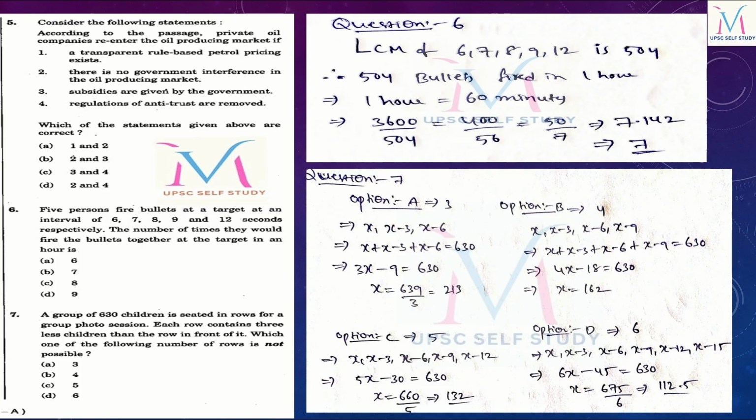Therefore 504 bullets will be fired in an hour. These 5 people will be firing 504 bullets at their respective intervals of 6 to 12 seconds in an hour. So coming to 1 hour, we know it is equal to 60 minutes, so we have to change the 60 minutes into seconds.